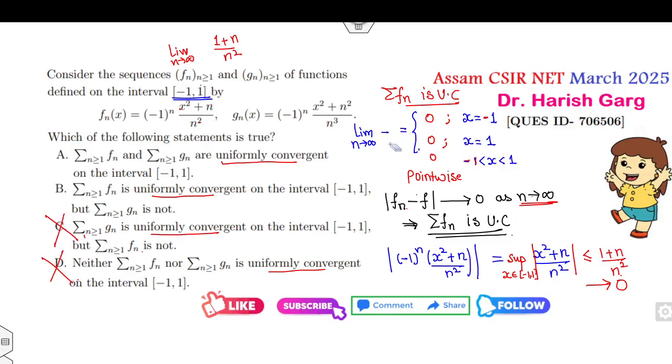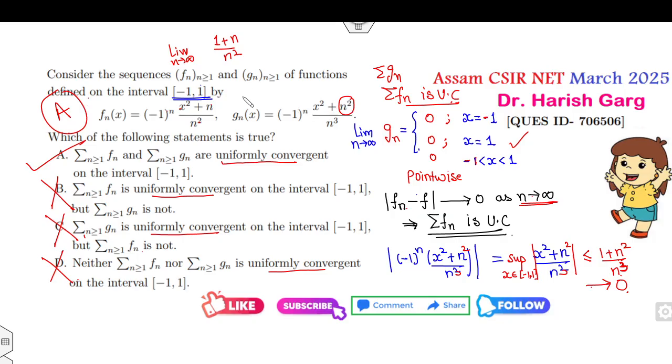Similarly, if you look at the Gn, the only difference in the Gn is n square in the numerator, and the denominator is n cube. So n square over n cube, again you can see this will go to 0. Yes, the series Gn is also uniformly convergent. So A is the right answer of this problem.